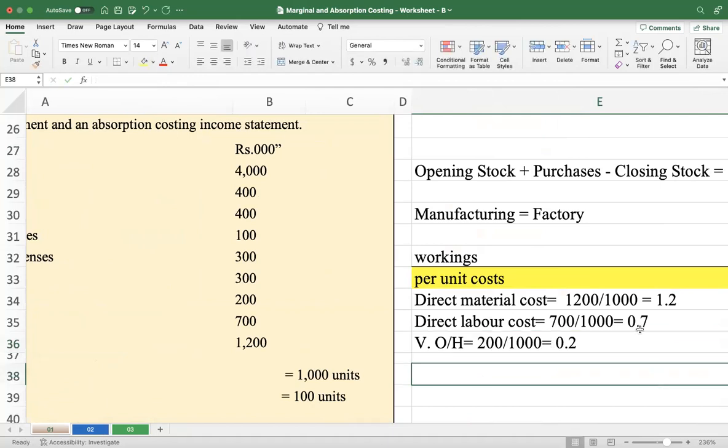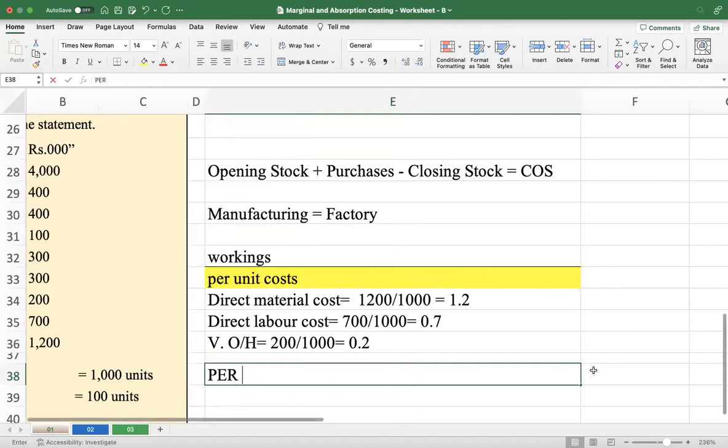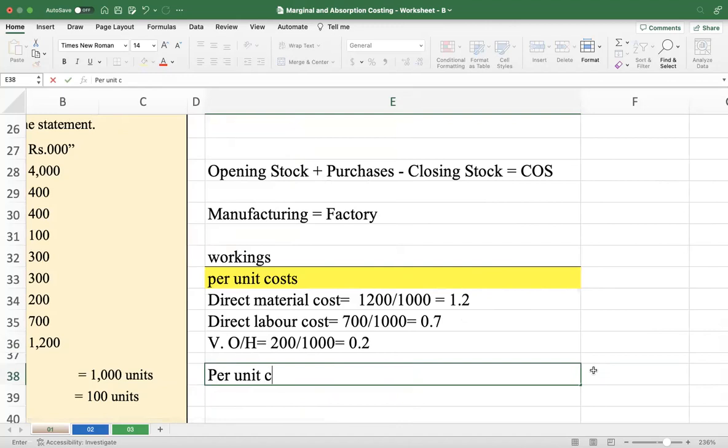Now we found the per unit costs. How much is the per unit production cost? You need to add all these three per unit costs, right? 1.2 plus 0.7 plus 0.2.